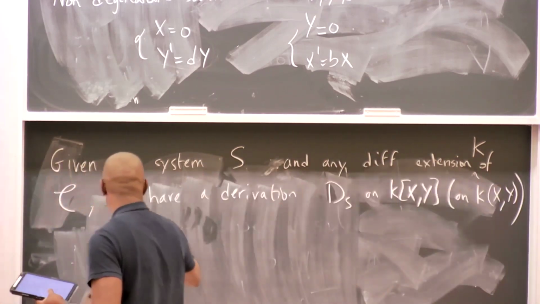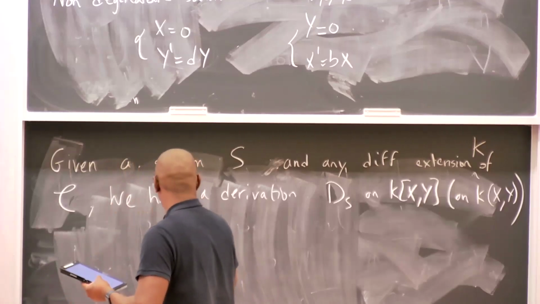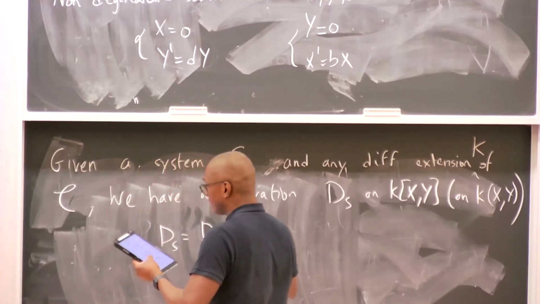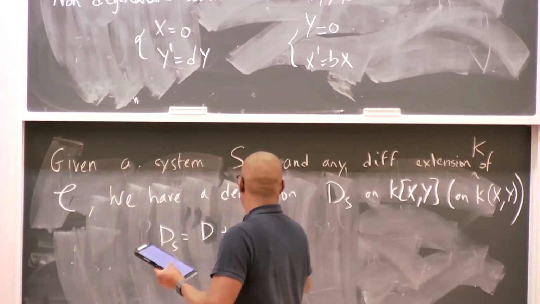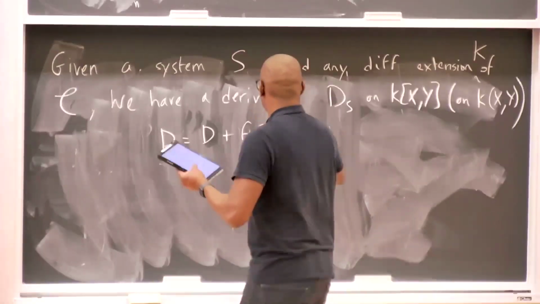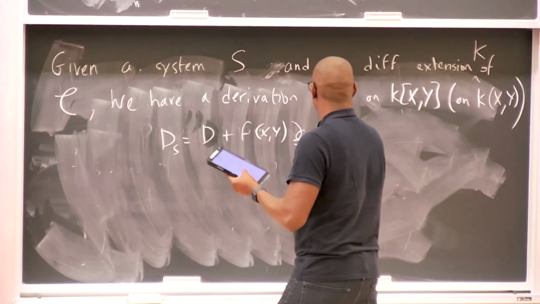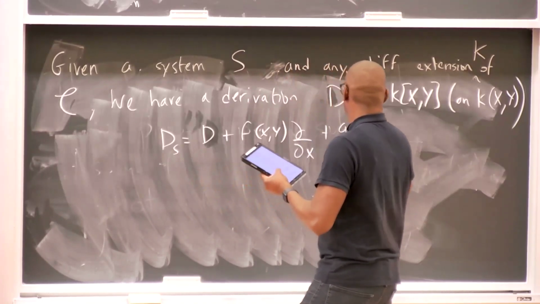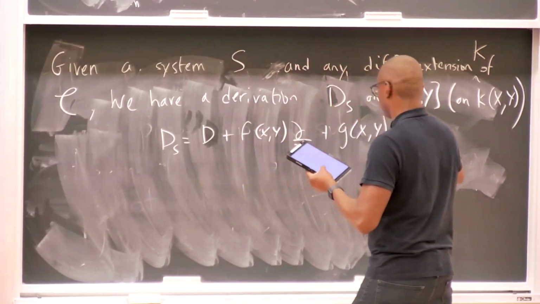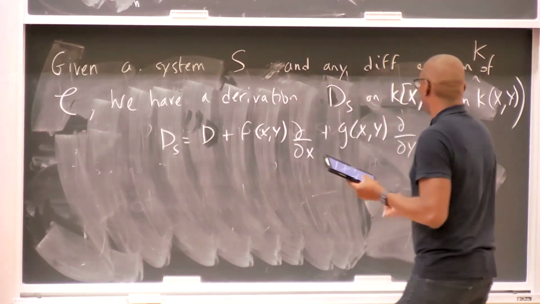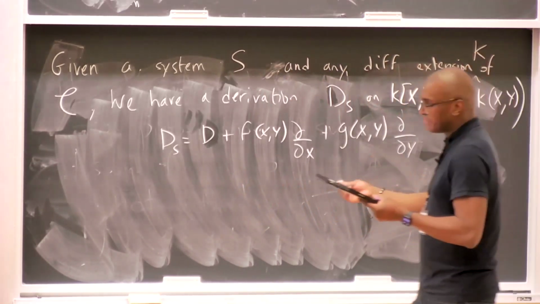D_S is given by D plus F times partial x plus G times partial y. The usual thing, so if you've seen that before, fine. So how do you differentiate an element?